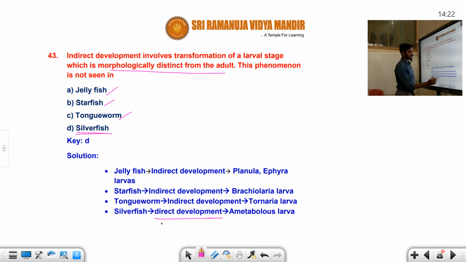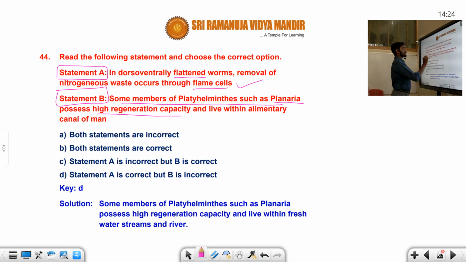Statement B you can see: in some members of the Platyhelminthes, such as Planaria, possess high regeneration capacity. Up to this is the correct statement, students. But the part about living within the alimentary canal of man is not at all correct.